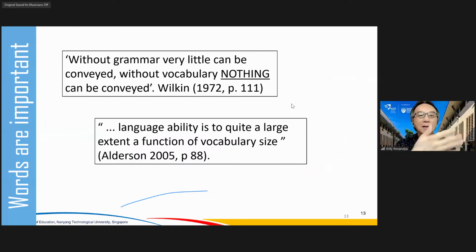Your ability, or your students' ability to speak, to read, to write, and to listen depends largely on the number of words that they know. Again, this has been established by research. In other words, there's a lot of empirical evidence showing that vocabulary is important and probably more important than grammar, at least at the early stage of language development. I think we should be focusing more on vocabulary.